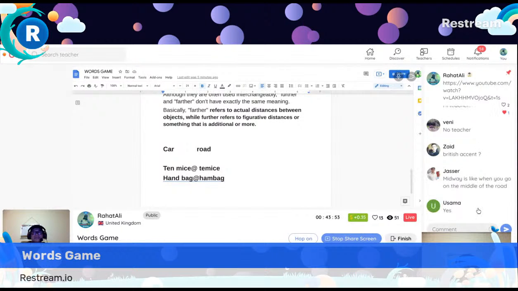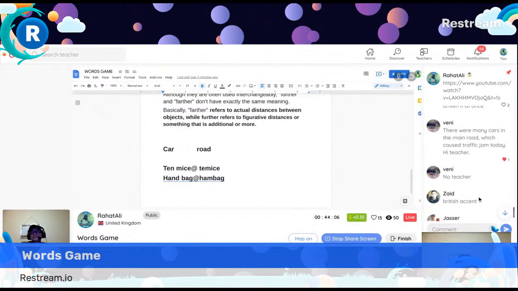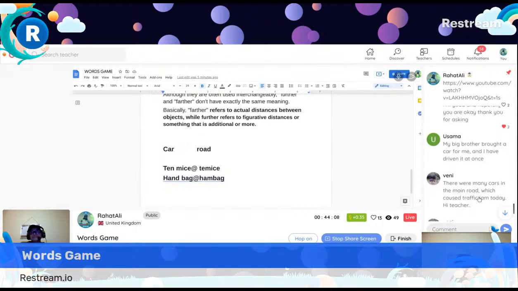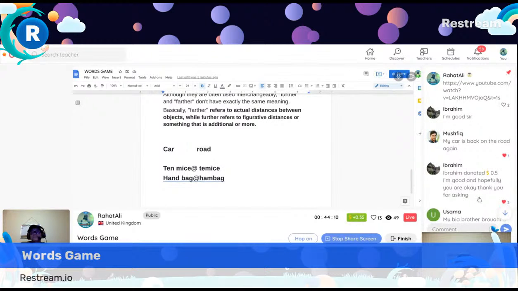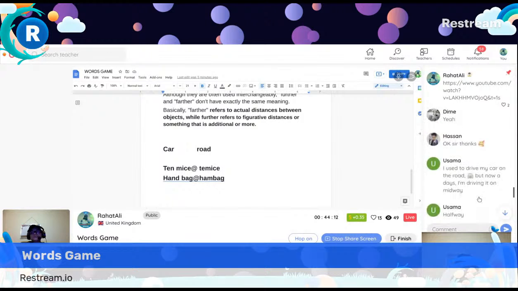Jasset says, midway is like when you go on the middle of the road. So can you drive on the middle of the road? If you have read his sentence, you'll understand that he wrote, I'm driving it on midway.